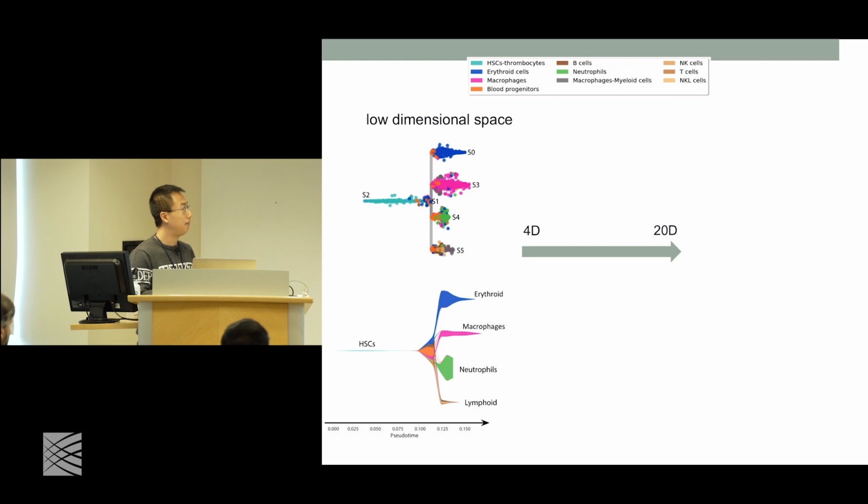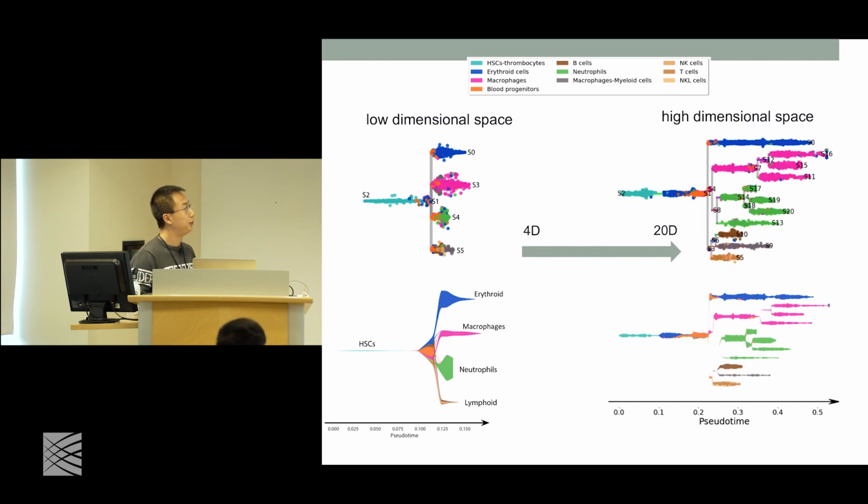Let's say for the macrophage cells here, when we pull out more branches, we still want them to be maintained under the same parent branch. By using the new seeding strategy, you can see that when we go to the higher dimensional space, the global structure is still well maintained, but in the meanwhile, we can pull out more detailed branches.